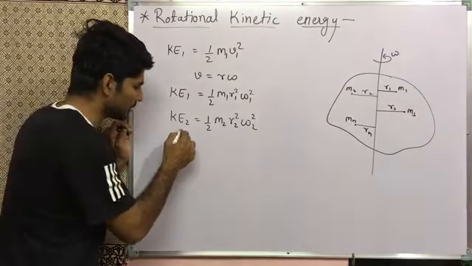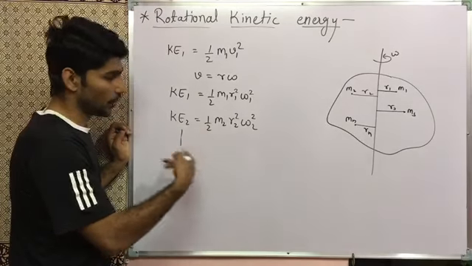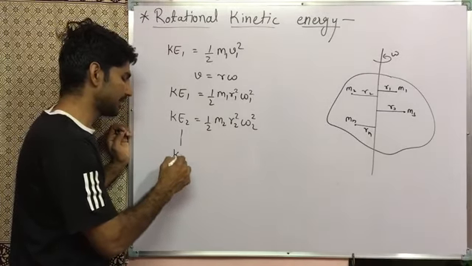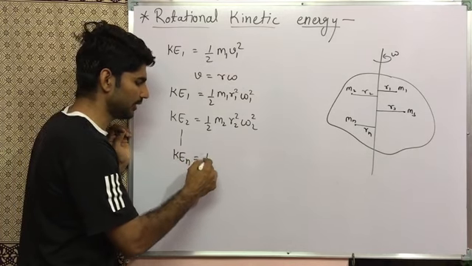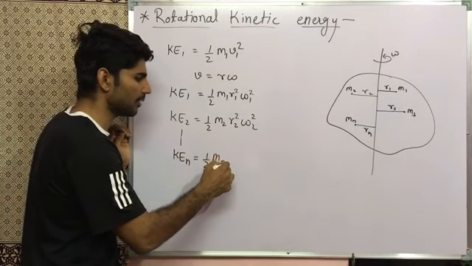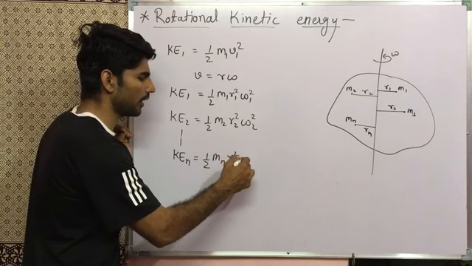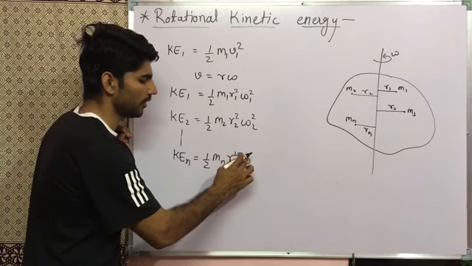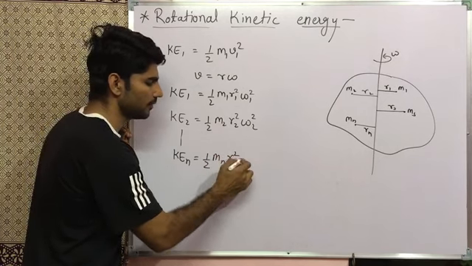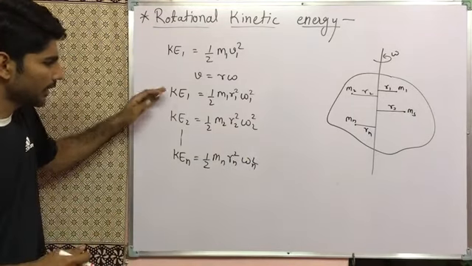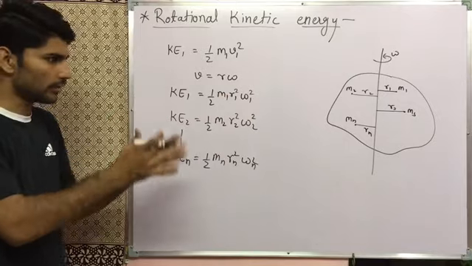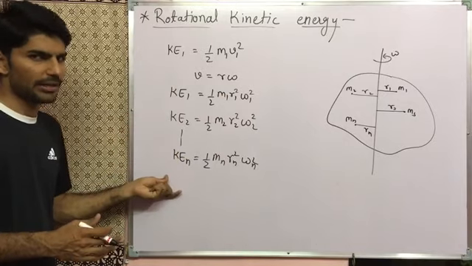And that's how we keep on getting all those kinetic energies. The kinetic energy for the nth particle will be half mn rn square omega n square. So these are the kinetic energies for all particles from the first to the nth particle.